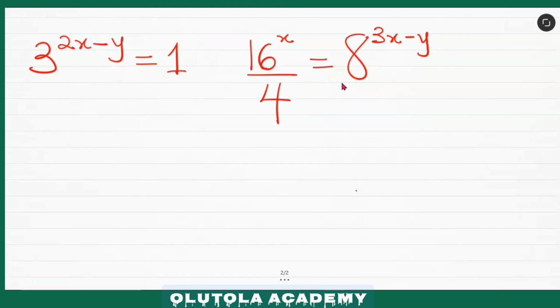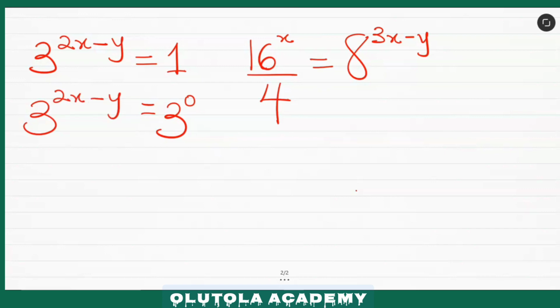These are indices, and the first thing I'm going to do is to express each of these as a linear equation. So we know that 3 raised to power 0 is 1. So what I'm going to do here is I'll write this in index form. Then I bring down this 3 raised to power 2x minus y.